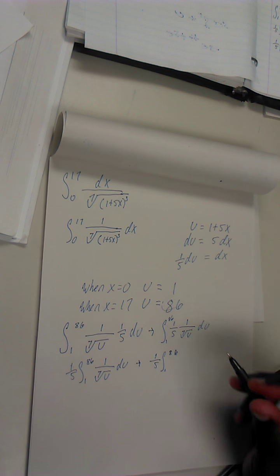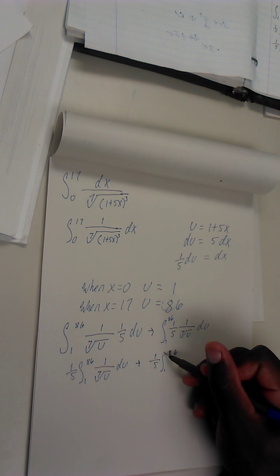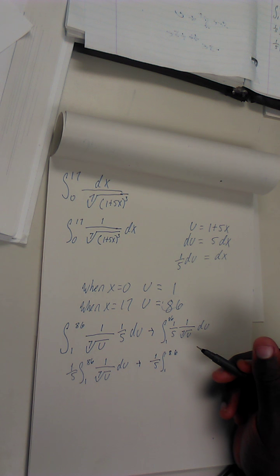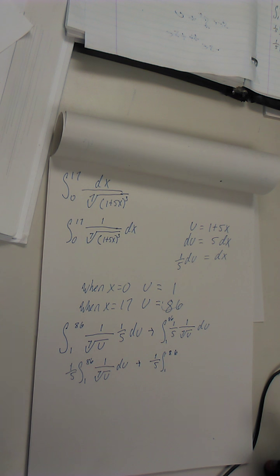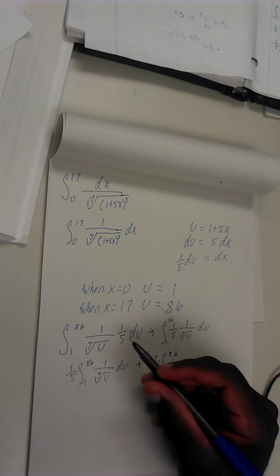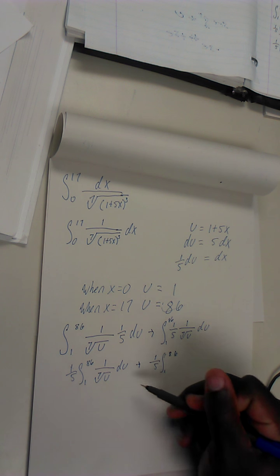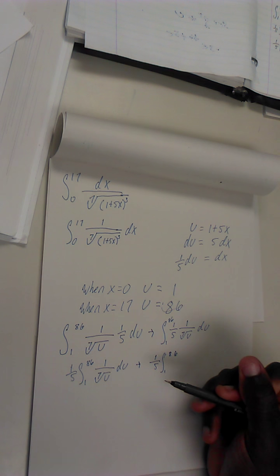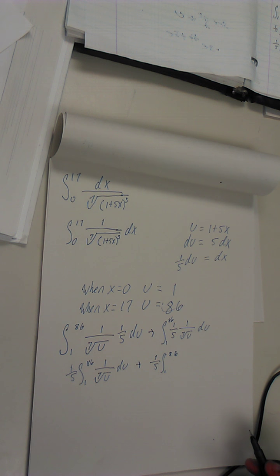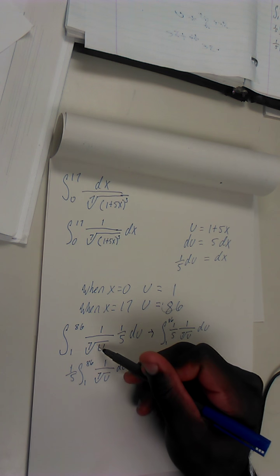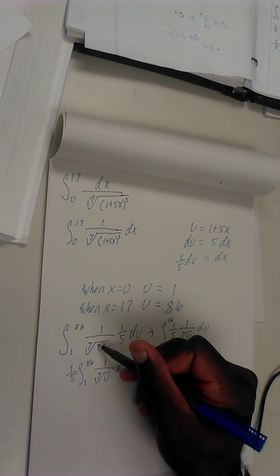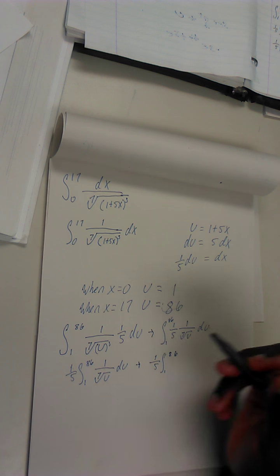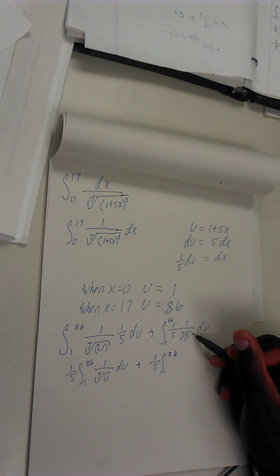And when you break 1 over 7... No, you know what? This should be u to the third, because we gotta account for this u here. 7th root of u to the third. Make that a 3.